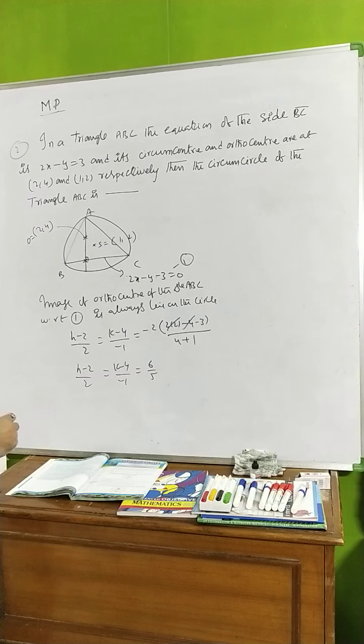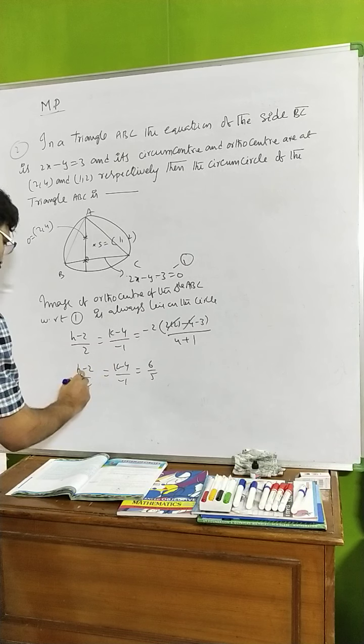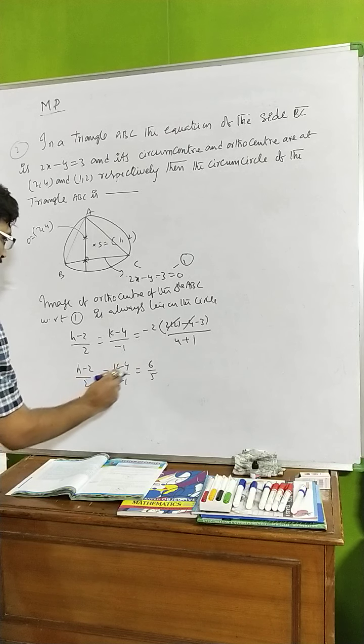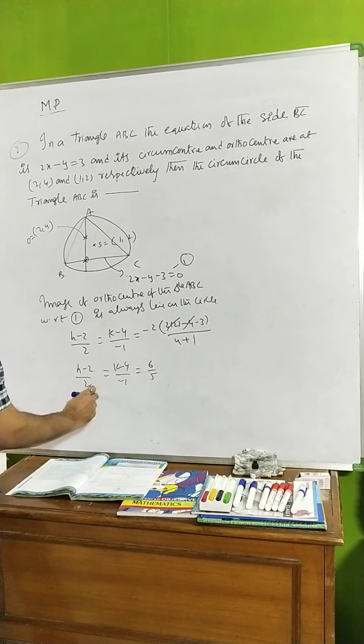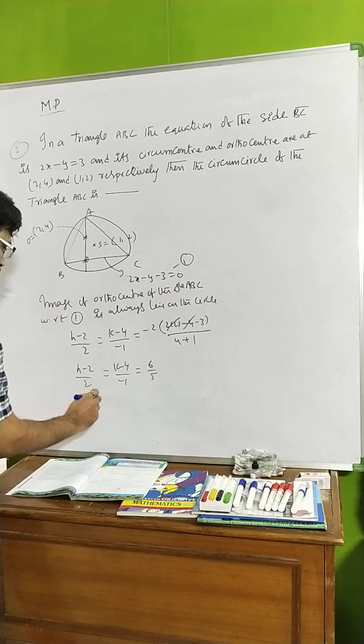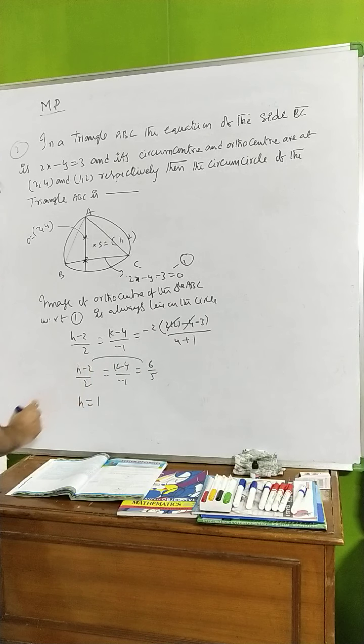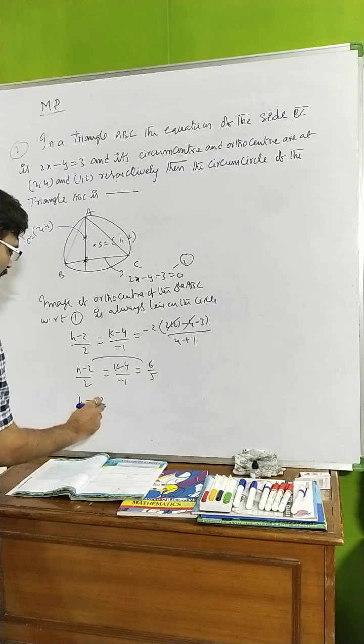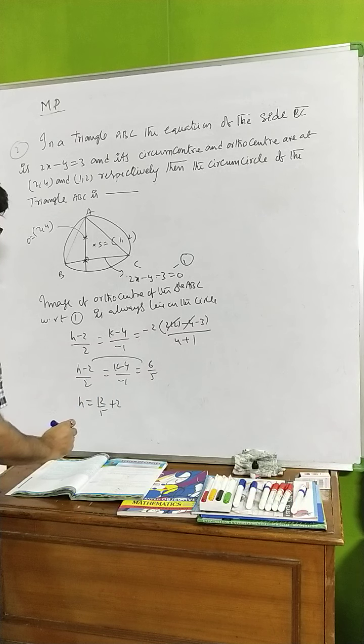Now the image is, h means here, this and this I am taking, 2 6 12 by 5 plus 2 you are getting.